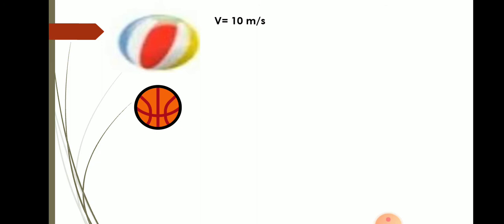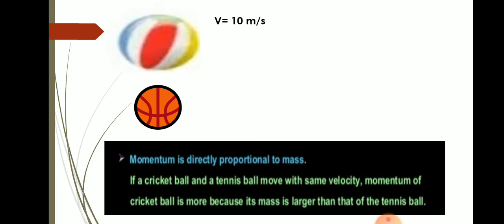One is a tennis ball and the other is a cricket ball. The cricket ball has more mass, and the tennis ball is smaller. Which has higher momentum? The cricket ball will have higher momentum because it has higher mass. As momentum is directly proportional to mass, the momentum of the cricket ball is higher due to its higher mass.